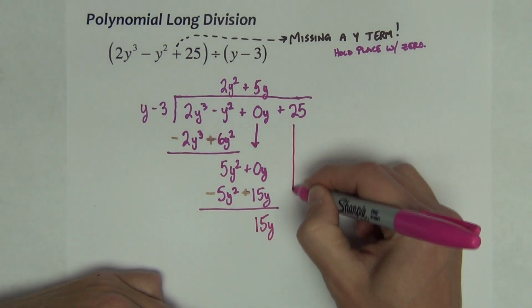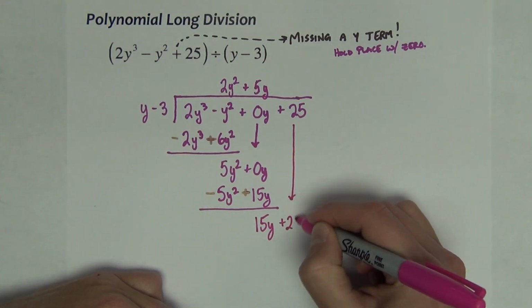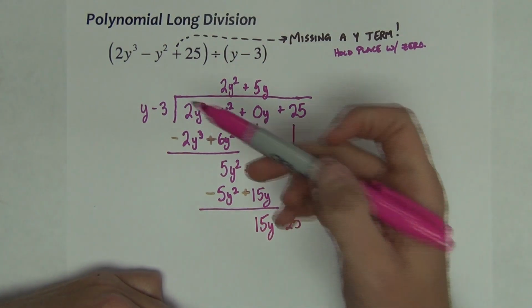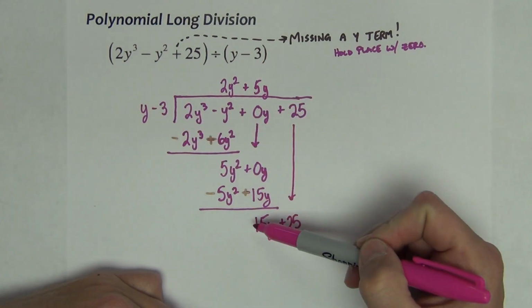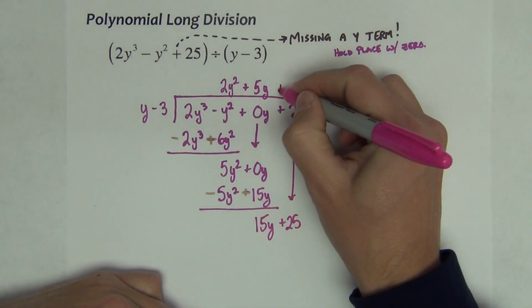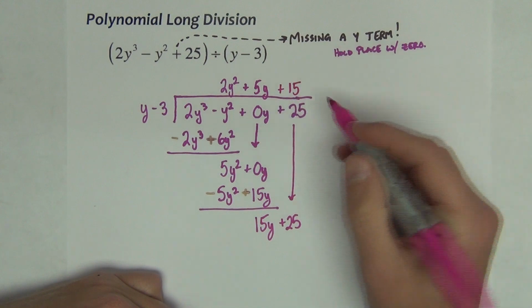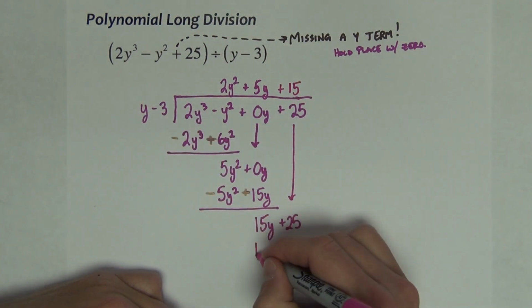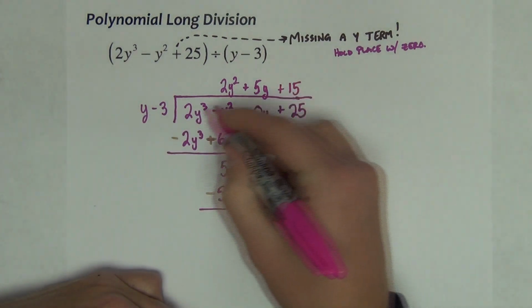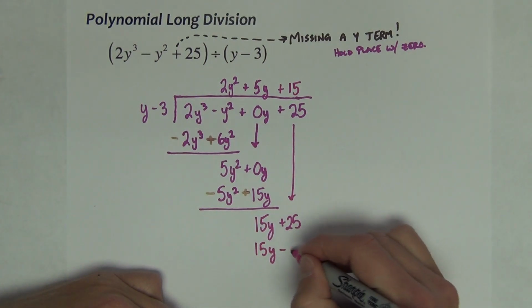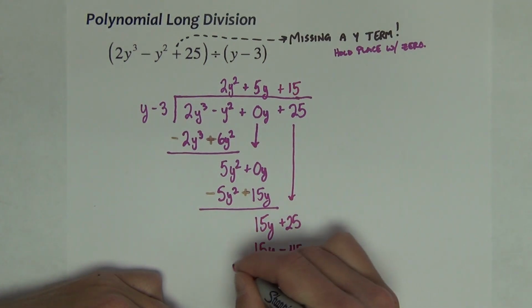We bring down the positive 25, and we go again. What do we multiply y by to make 15y? And the answer is 15. So 15 times y makes 15y. 15 times negative 3 makes negative 45.